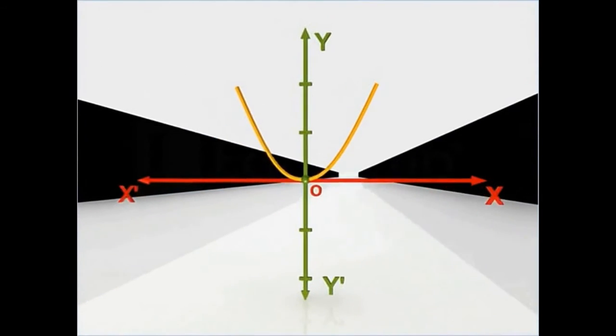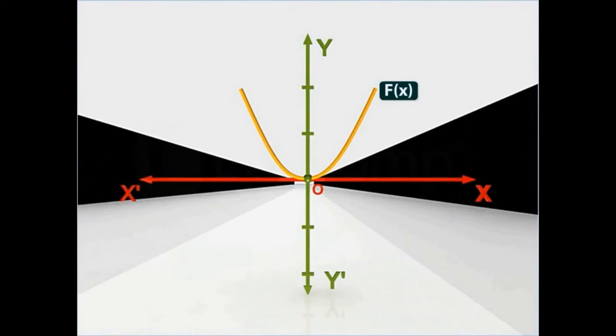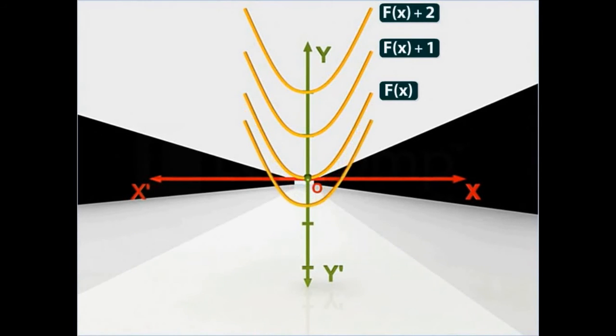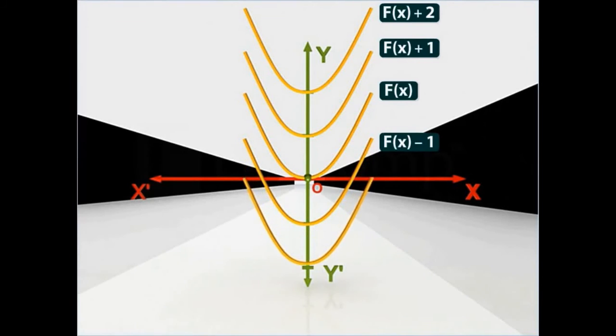Now consider the graphs of functions F of x, F of x plus 1, F of x plus 2, F of x minus 1, and F of x minus 2.